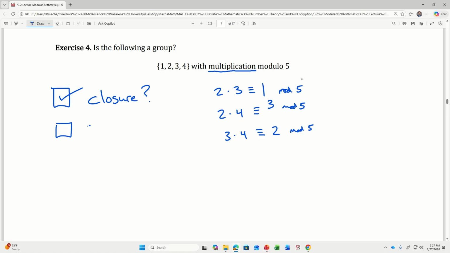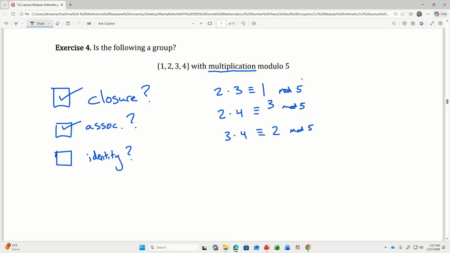Do we have associativity? We're not going to bother checking it for every possibility, but multiplication has the associativity property, and we're assuming that it continues with mod. We'll just move past that and skip to identity. Do we have an identity element?